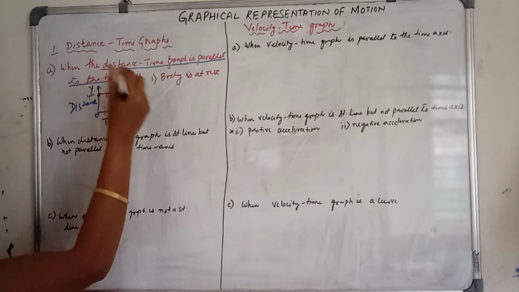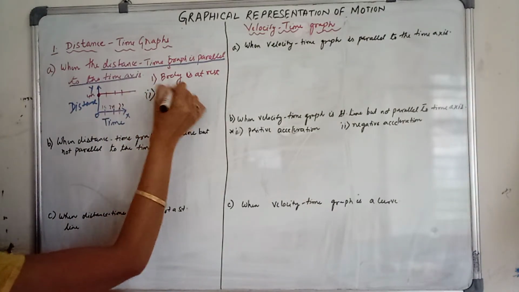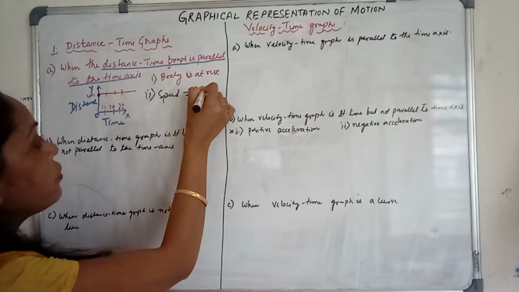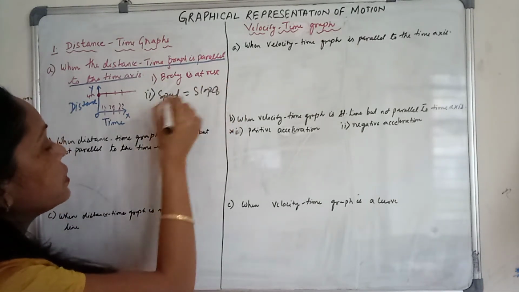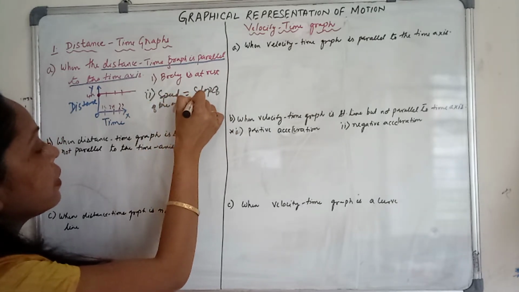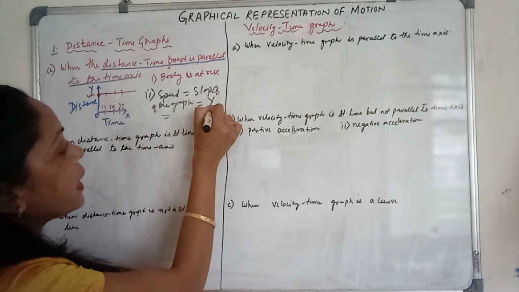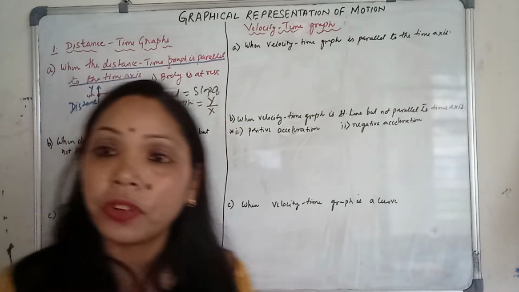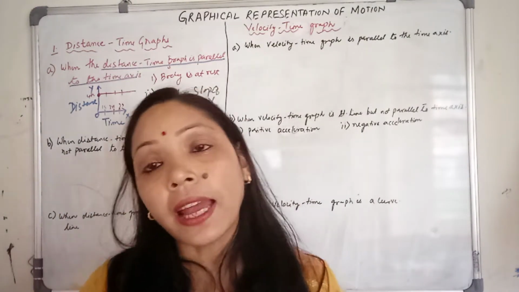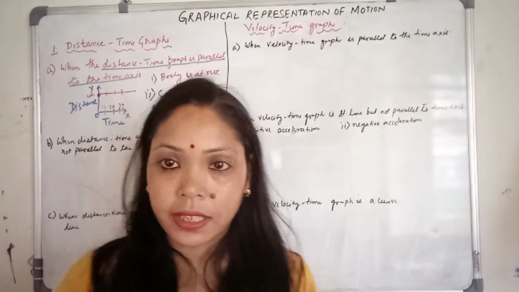Now we can find the speed from the graph. So speed we can find from the slope of the graph. Slope of the graph means y-axis by x-axis. So first you have to write the measurement of the y-axis, then you have to write the measurement of the x-axis.